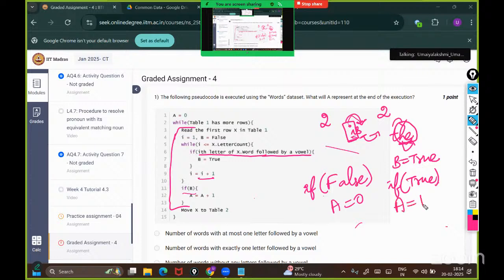Then let's say I'm taking the element as O, F. What will happen now? The first element is a vowel, so we increment it to 2. No, its next element has to be checked, right?